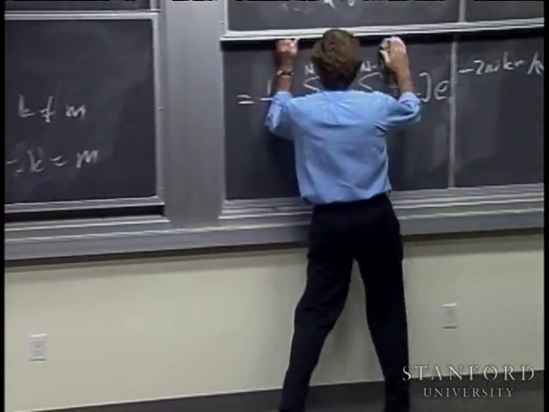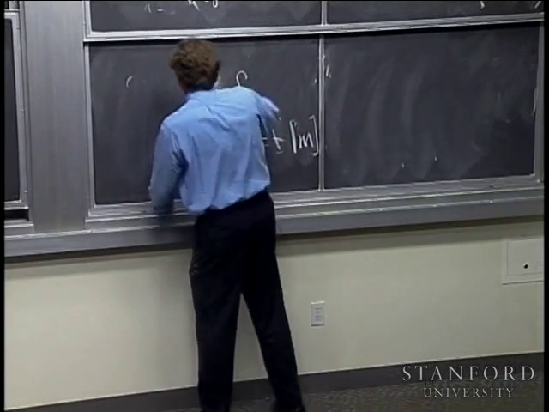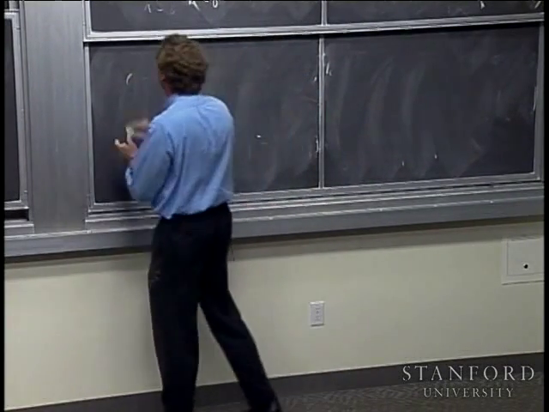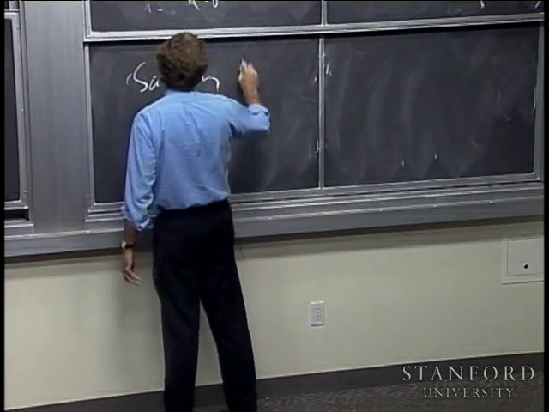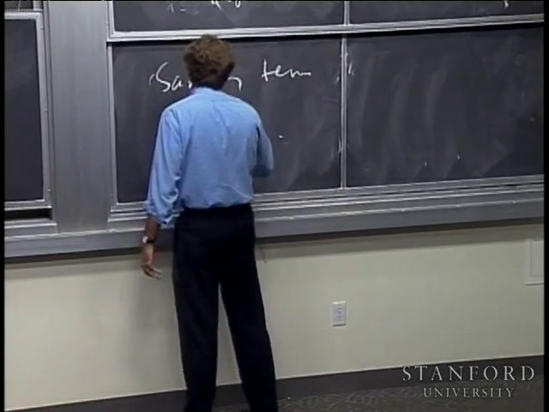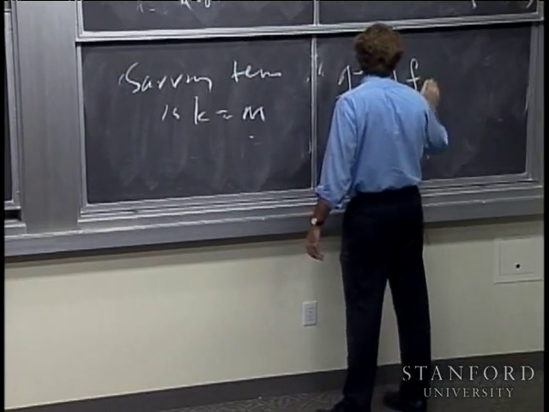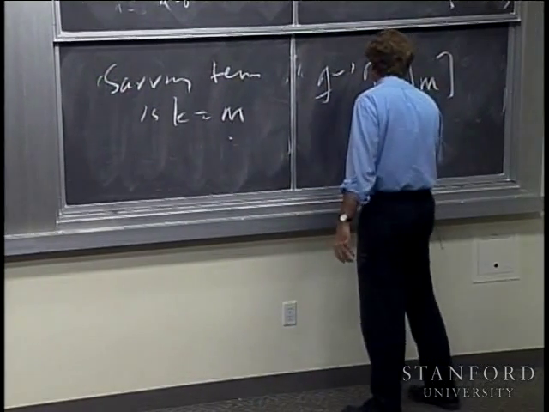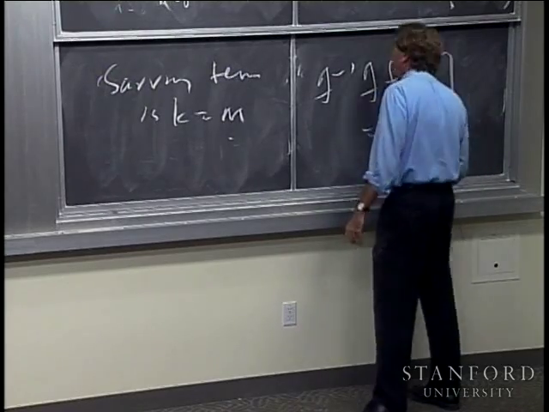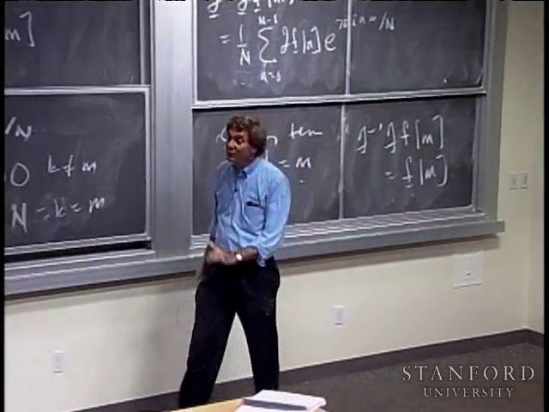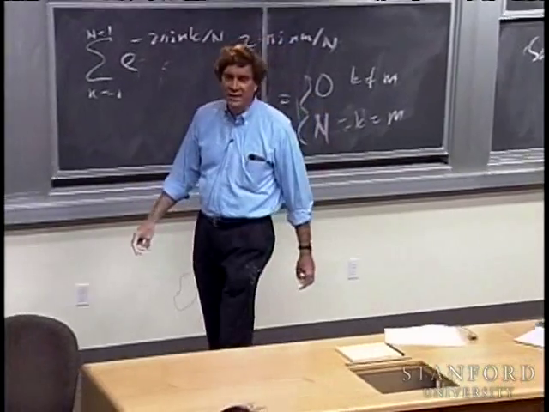And we're done, about. The only surviving term is k equals m, and you get that the inverse Fourier transform of the Fourier transform of f at m is equal to f of m. That is to say, the inverse Fourier transform given by this formula really is the inverse of the Fourier transform.